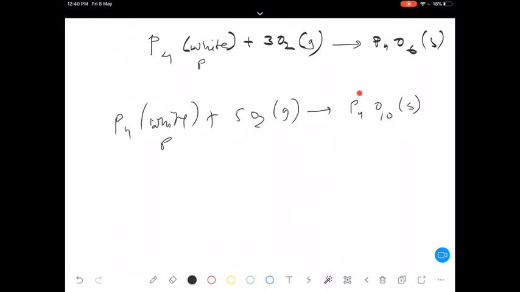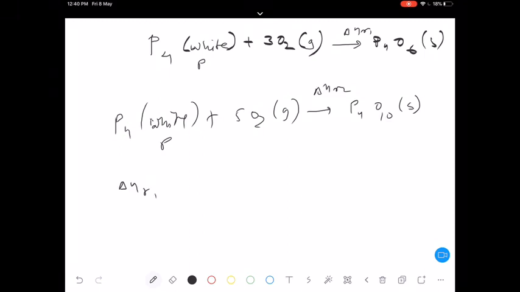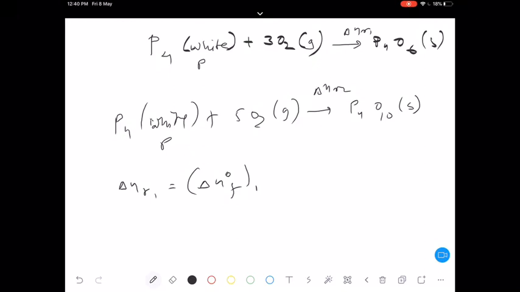Now these are anhydrous solids, right? They will dissolve in water to give you phosphoric acid, orthophosphoric acid and orthophosphorus acid respectively. Now look, see here, I write delta HR1 and here I write delta HR2. Delta HR1 will be equal to the standard heat of formation of P4O6. Is that correct or not?